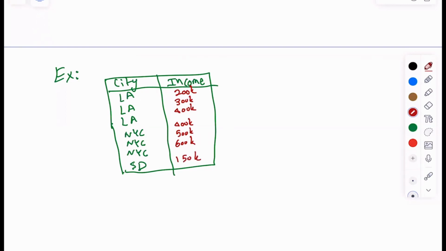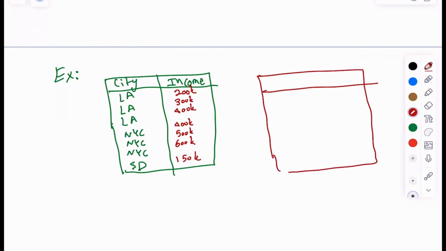If you go with target encoding, you're going to create a new data frame. You call it target encode income. Here, LA is going to be the average of these three, which is 300K, so you replace it with 300K, 300K, 300K.